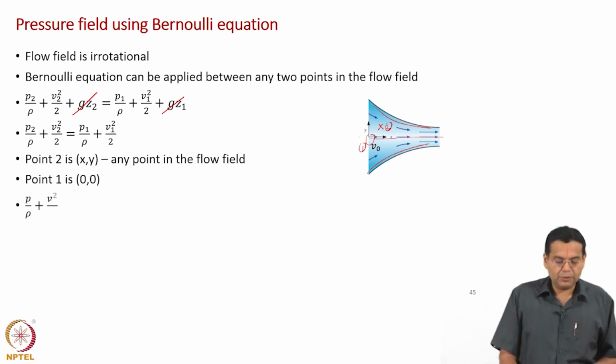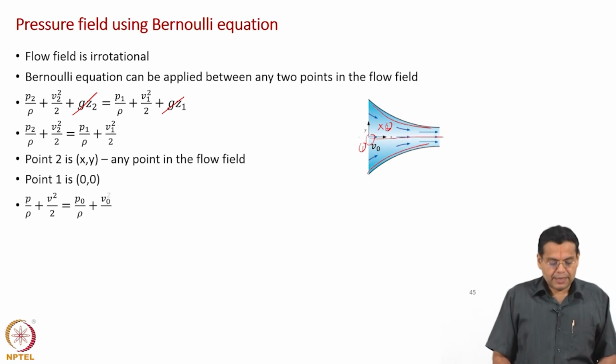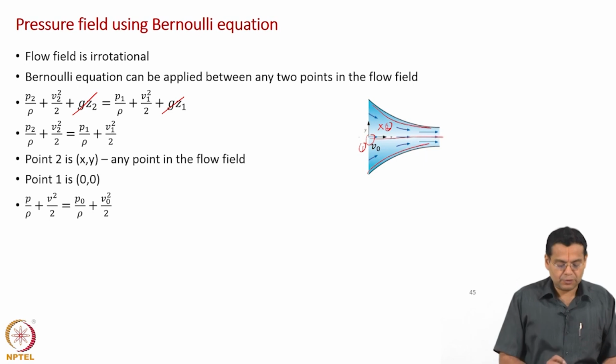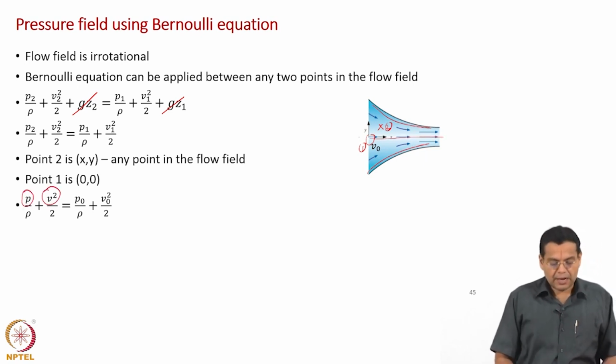Instead of P2 I write P, so I have P by rho, and then instead of V2 I write V, so I have V squared by 2. So remember these are functions of x comma y, and on the right hand side I have P naught, which is a constant value given at x equal to 0, y equal to 0, so I have P naught by rho.